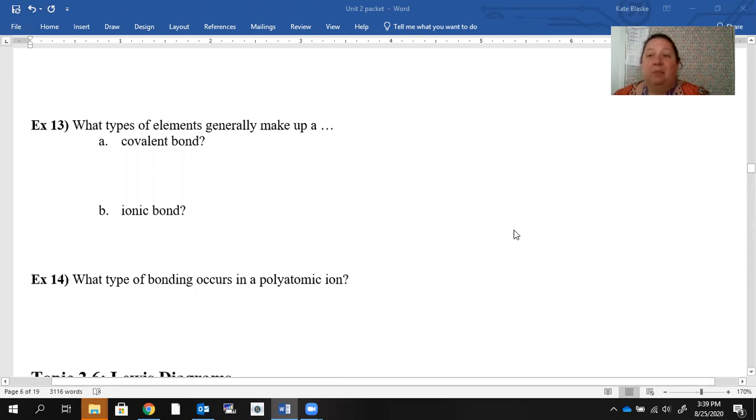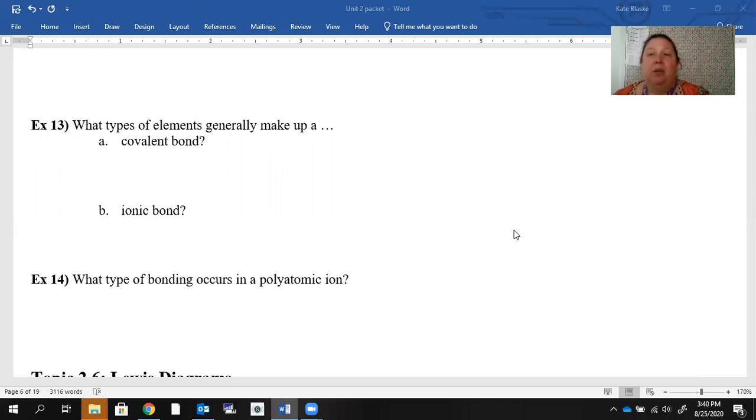It is possible to have a molecule with multiple types of bonding within it. You could conceivably have all three types of bonds, polar covalent, non-polar covalent, and ionic, all in the same molecule. And we'll see some of those as we get a little farther in.